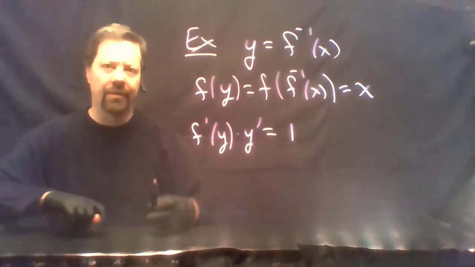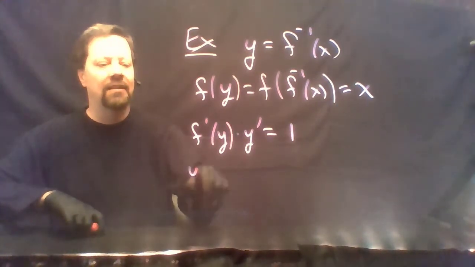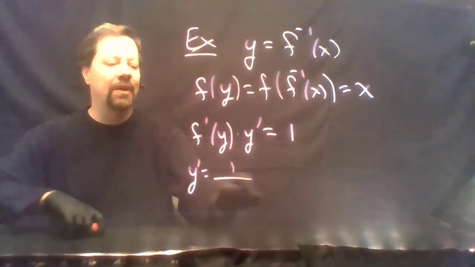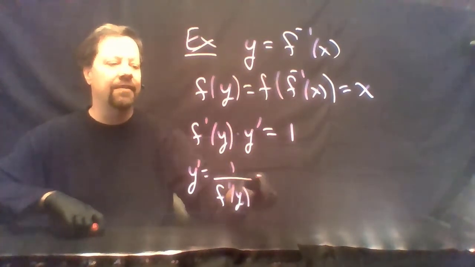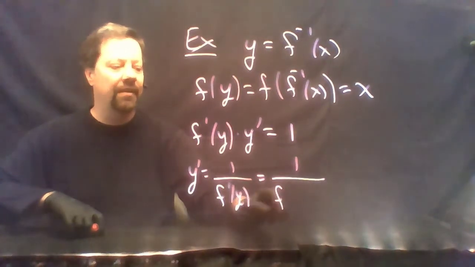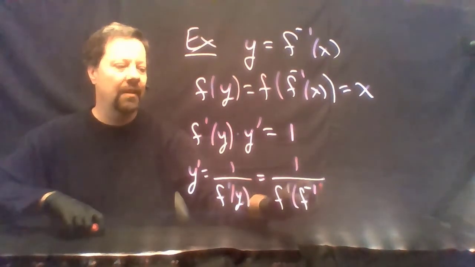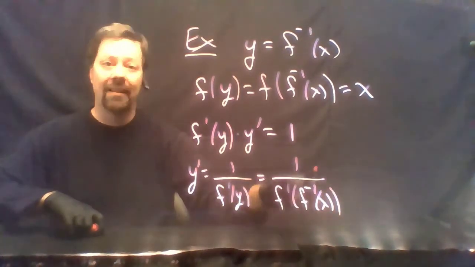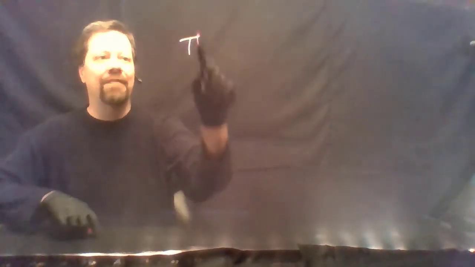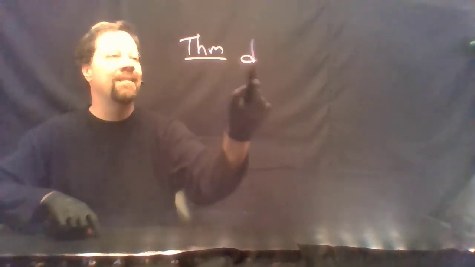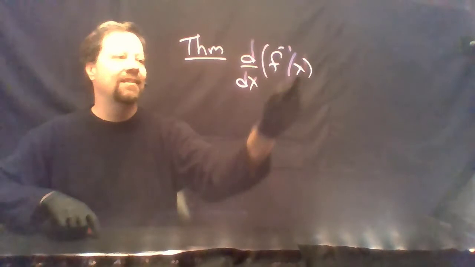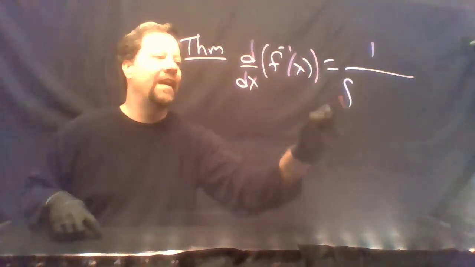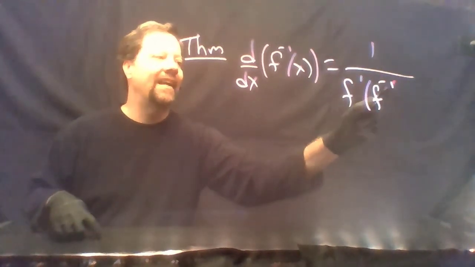The derivative on the right is just 1. Therefore, y prime is 1 over f prime of y, but remember y was f inverse. So it's 1 over f prime of f inverse of x. That's the general principle. In general, we have the following theorem: the derivative of f inverse of x is 1 over f prime evaluated at f inverse of x.